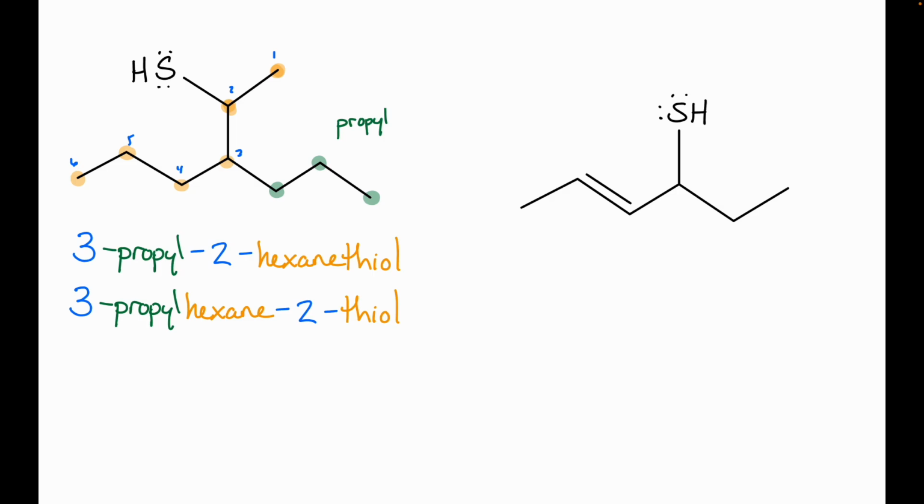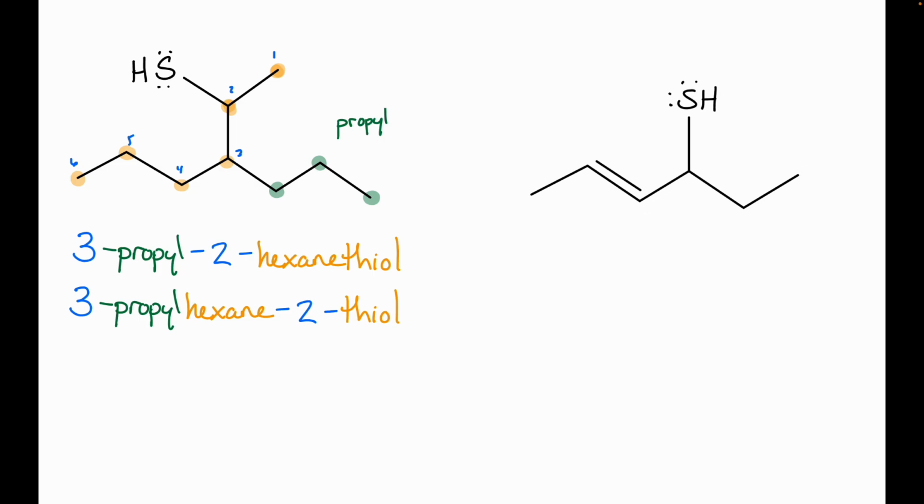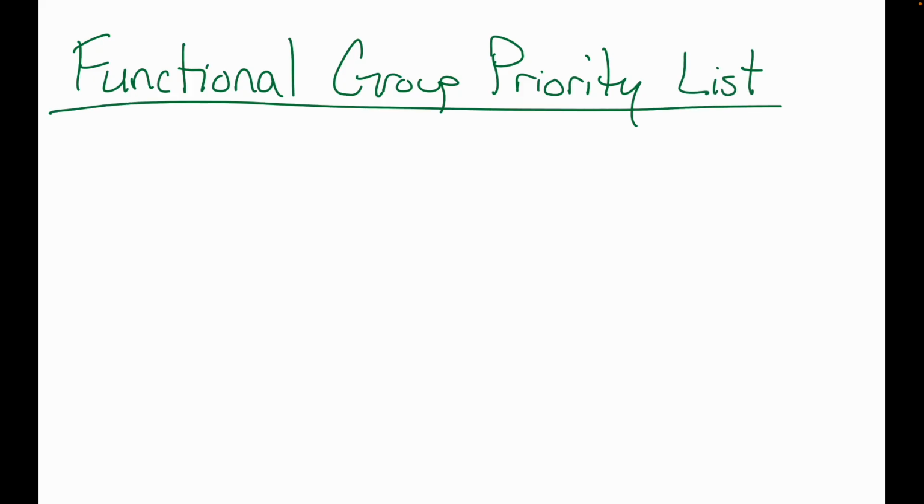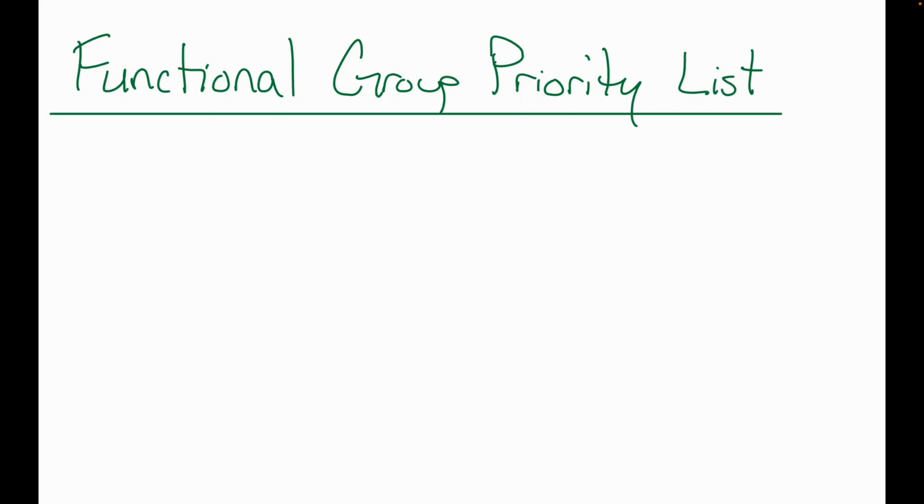All right, but before we can really do this molecule here, we're going to have to update that priority list that we created. So remember when we were talking about alcohol nomenclature, we had this functional group priority list, where we ranked all of our functional groups, or at least all the ones that we had covered in the course, from highest priority to lowest priority.